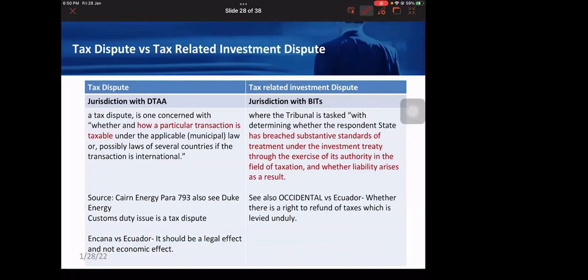If you look at the Kane Energy judgment, para 793, a tax dispute is one which is concerned with whether and how a particular transaction is taxable under the applicable law or possibly laws of several countries. The transaction, how a particular transaction is taxable.